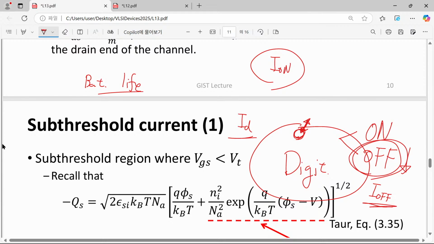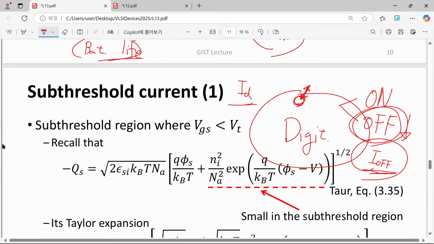In many cases, the battery life is not determined by the most powerful transistors because their number is so small. In many cases, the battery life is determined by the off-current of idly biased transistors. That's the reason why we have to consider this sub-threshold current. Sub-threshold means that your gate bias is lower than the threshold voltage.